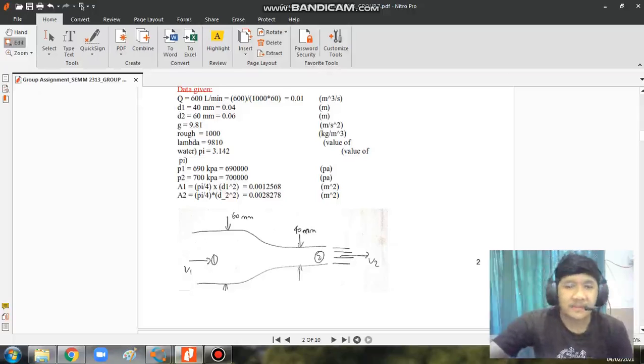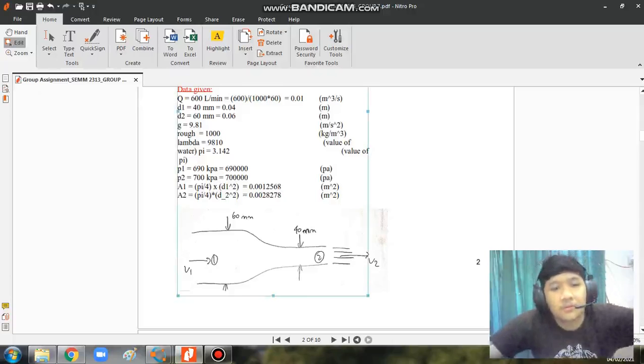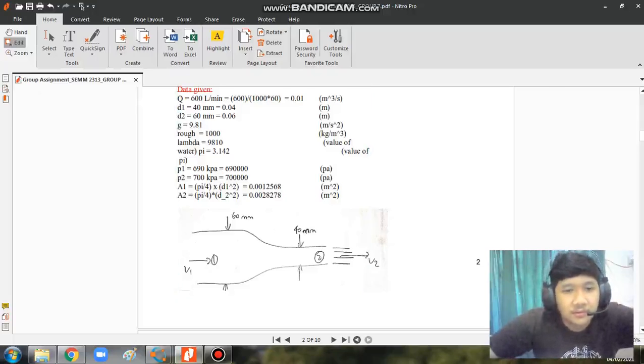I convert it in general form so you will not be confused when solving it. Here we also directly calculate the area. The formula is pi over 4 times the diameter to the power of 2, because we assume this is a circle. So for A1 we have 0.001256, and so on for A2.